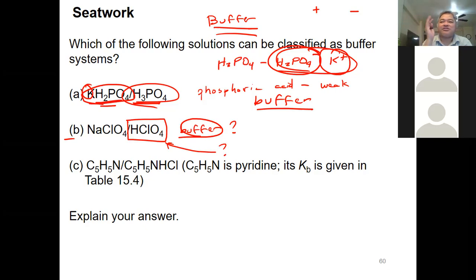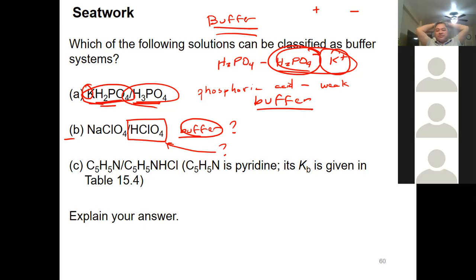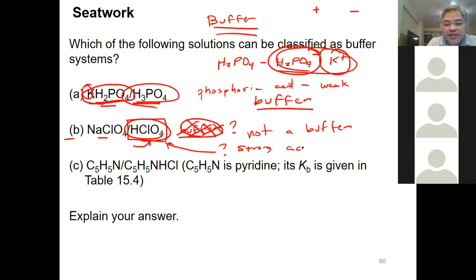Pag nasa listahan siya, strong acid siya or strong base. Is HClO4 a weak acid or a strong acid? Anyone? Strong po. Okay, it's a strong one. So that means it's not a buffer. This is a salt of this one, but this is a strong acid.